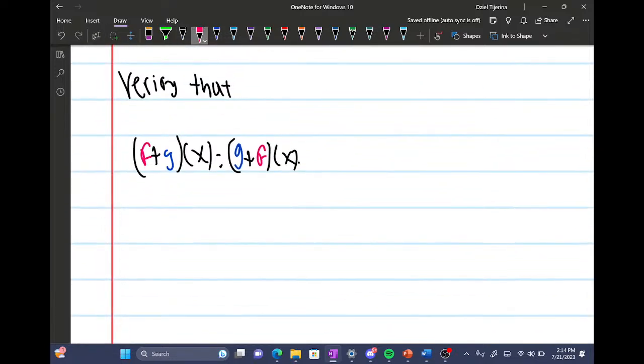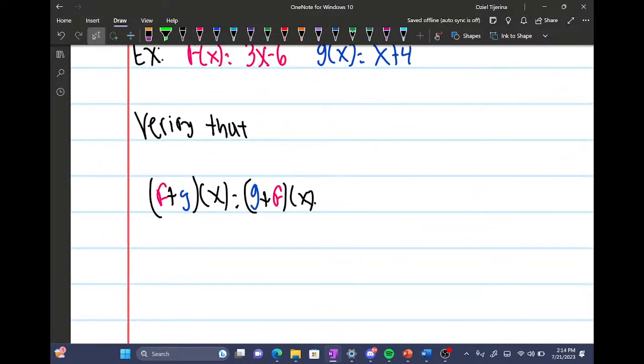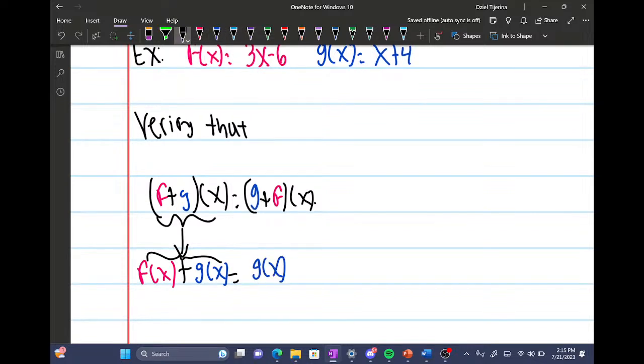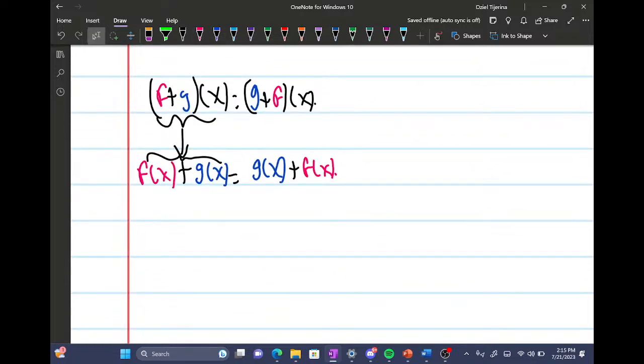Basically, if we do f plus g of x, we have f of x plus g of x, and this should be equal to g of x plus f of x. So that's just a rule, guys, and I can prove that to y'all algebraically, or numerically, but I would say algebraically more.